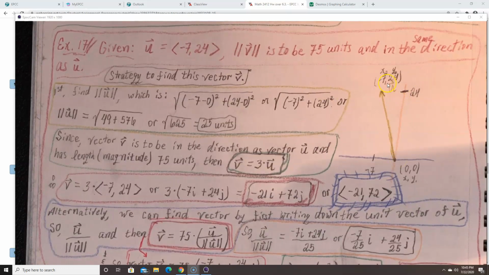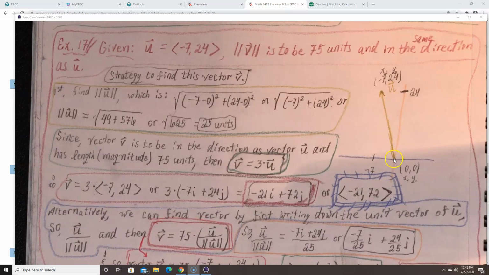Don't get caught up in the names, because you might confuse yourself from the previous problem. You have this initial vector in component form, -7, 24. Now, come up with a new vector that's in the same direction as this first one.